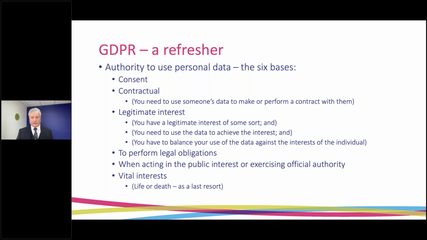And that is one of the situations when you can use information about somebody without having their express consent to do so. To use the legitimate interest authorization, you need to have a legitimate interest, you need to identify it, and you need to show that you having that data is necessary to achieve that particular interest that you've got. And you have to carry out a balancing exercise. You have to balance your interest in using that data as against the interests of the individual concerned to have their stuff kept private and to have their confidences respected.